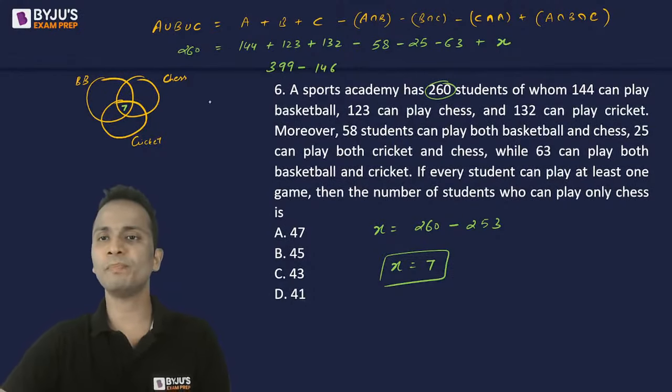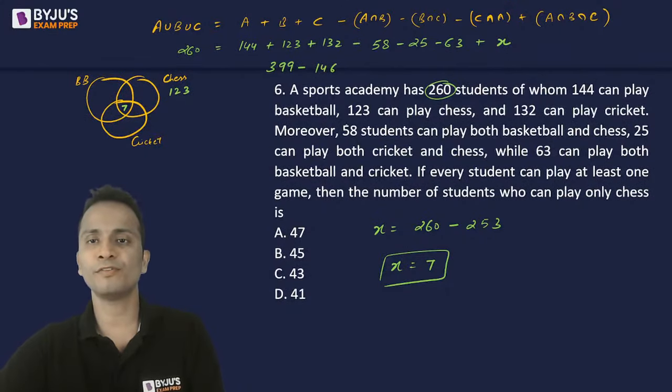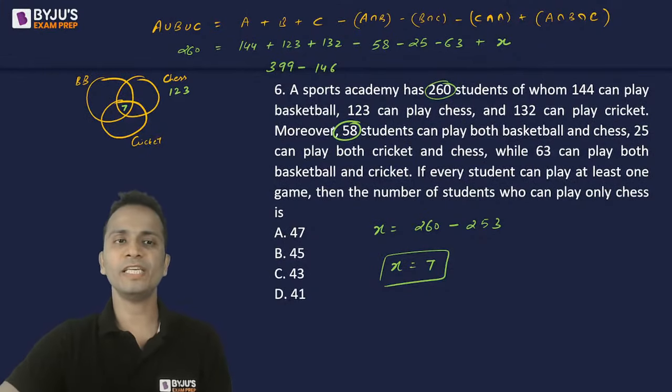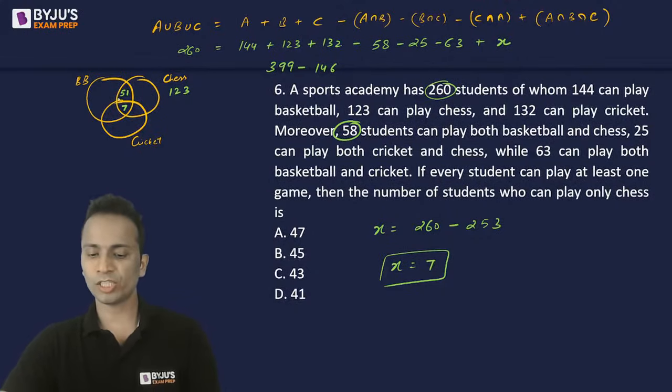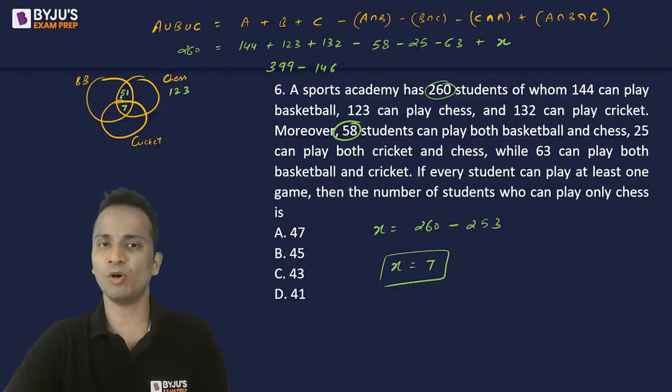Now, total number of people who play chess is 123. The number of people who play chess and basketball is 58. If I remove 7 from there, I'll get 51, which is the number of people who will play only chess and basketball.